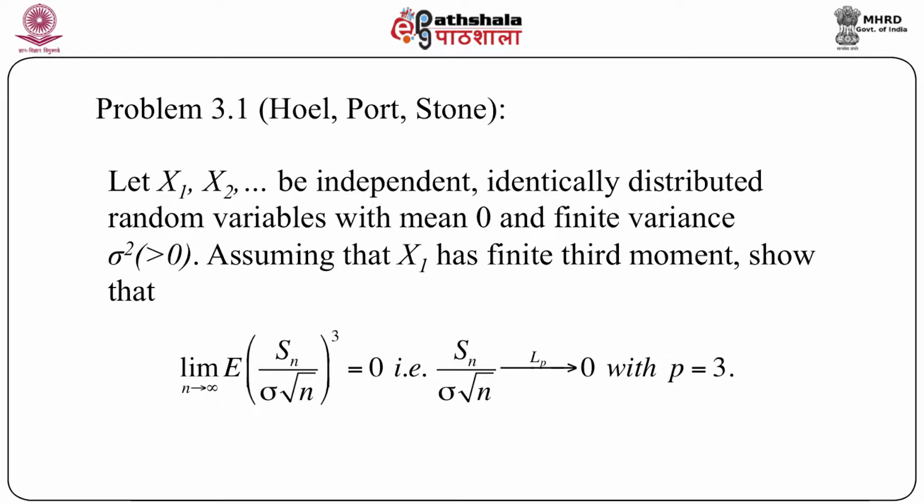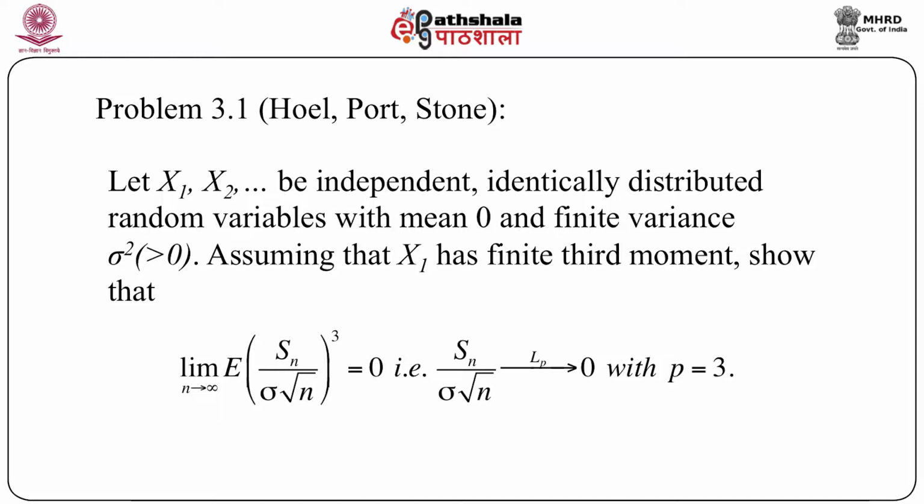Now whenever we are trying to prove any result, let us first look at the main expression around which the main proof will revolve. Now Sn is here the sequence of interest, and Sn is defined as x1 plus x2 plus up to xn.